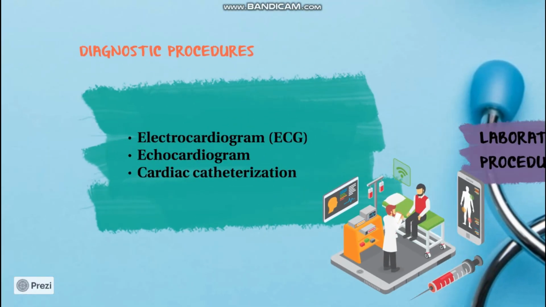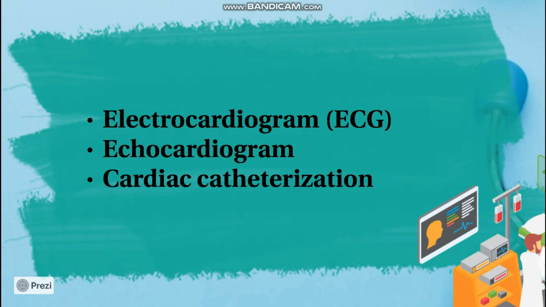Just like the previous disorder, mitral valve stenosis has the same diagnostic procedures. These are echocardiogram to examine if there are abnormalities of the valve structure, function, chamber size, and thickness. Electrocardiogram to examine if the patient shows dysrhythmias.